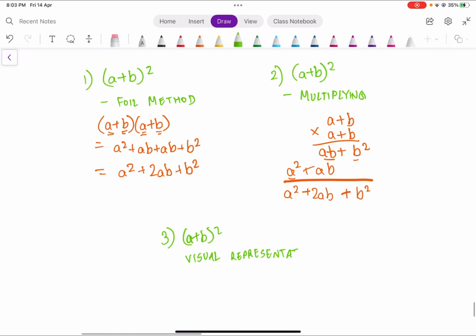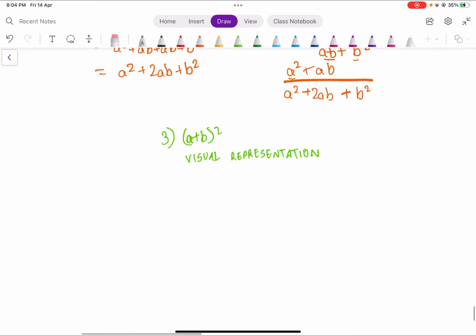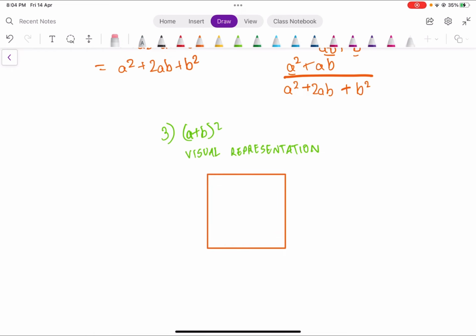And then for this, we would create a square, then separate it accordingly.